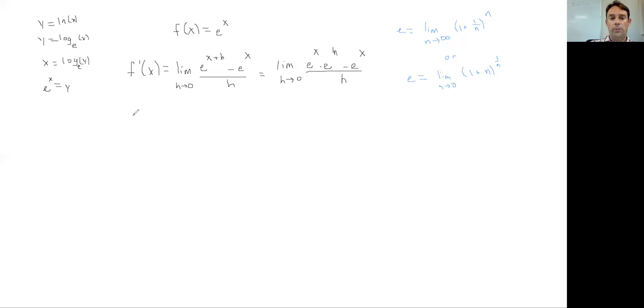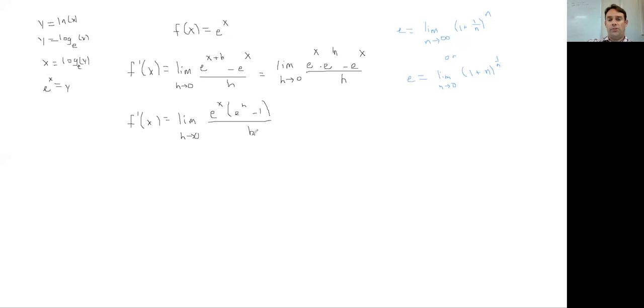If I do a little bit of factoring here, I find out that I can take that e to the x out, and I'm left with e to the x times e to the h minus 1 all over h.